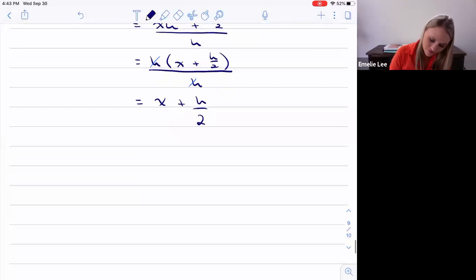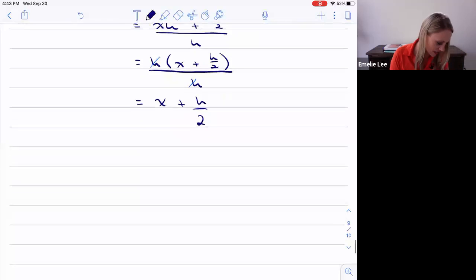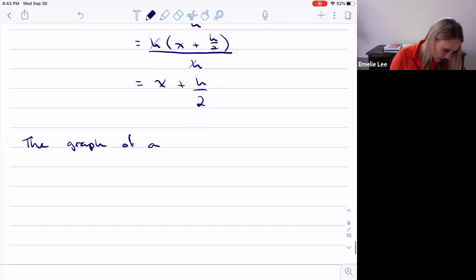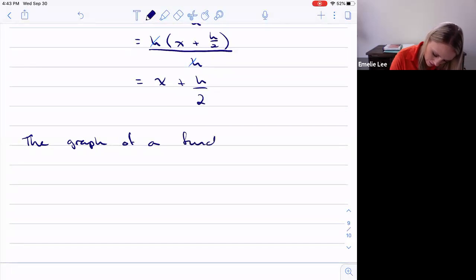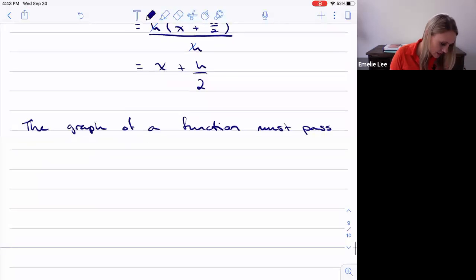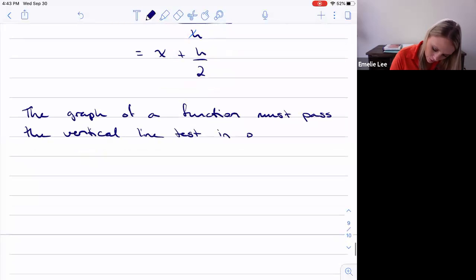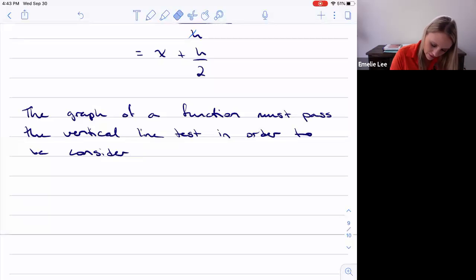So the graph of a function must pass the vertical line test in order to be considered a function.